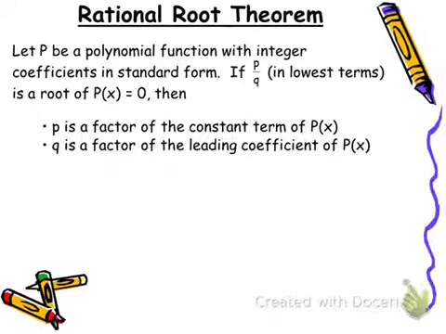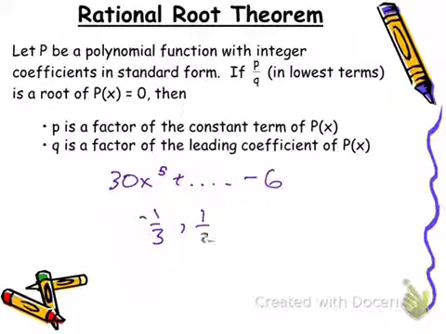Now, I can't recall what our polynomial function was that we had on the board a minute ago, but wasn't it something like 30x to the fifth, and then plus a bunch of stuff in the middle, plus 6, minus 6. And what were our roots? Tell me what those roots were. Negative 1/3, 1/2, negative 2, negative 3, and positive 3.